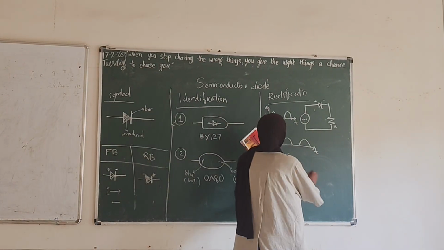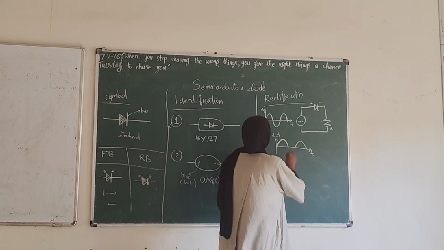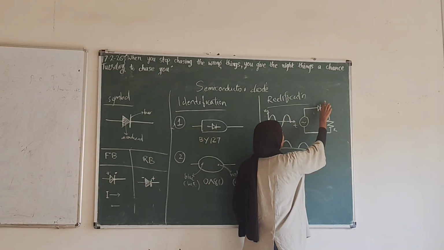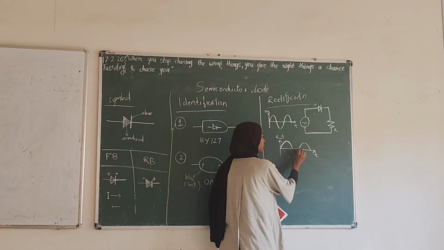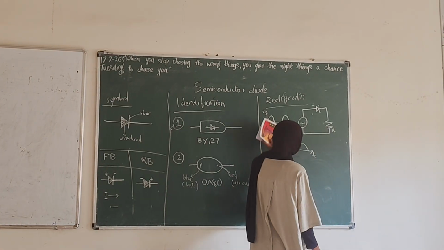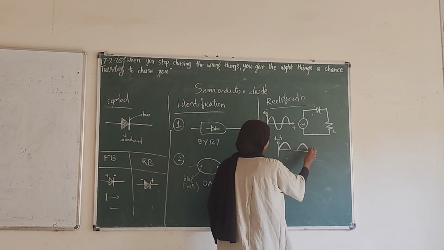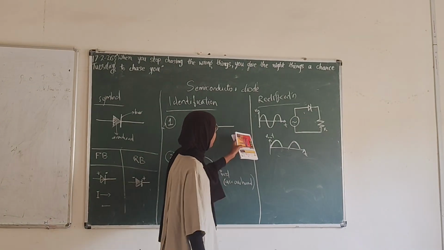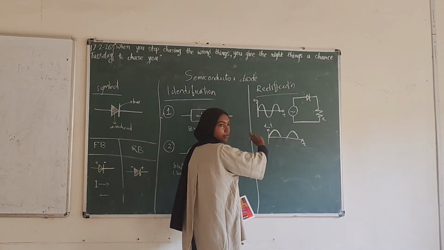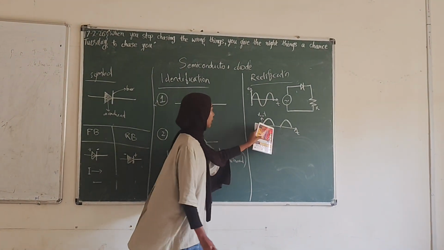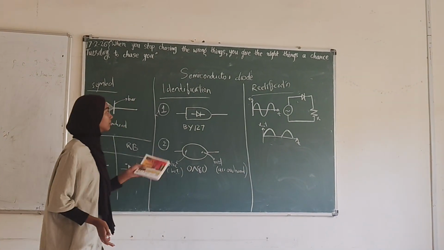So we get an output like this during the positive half cycle. In the negative half cycle, the negative terminal is connected to the arrowhead, which blocks the current from flowing through it, so we won't get an output. In the next positive half cycle, we again get a positive sign and an output like this. So basically, during the positive half cycle the current is allowed, and in the negative half cycle the current is cut off. That's how rectification works.